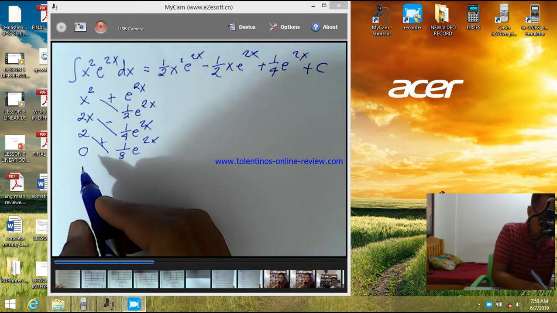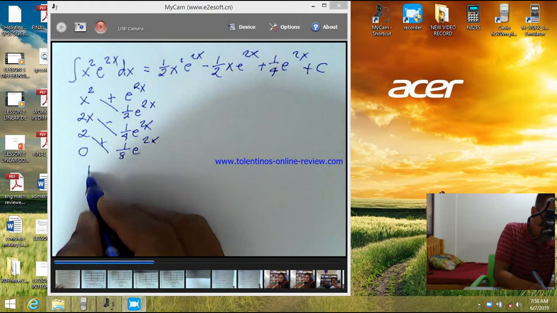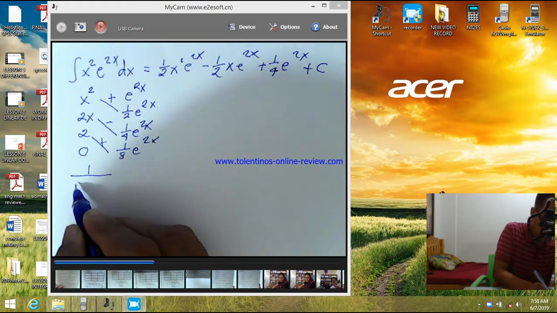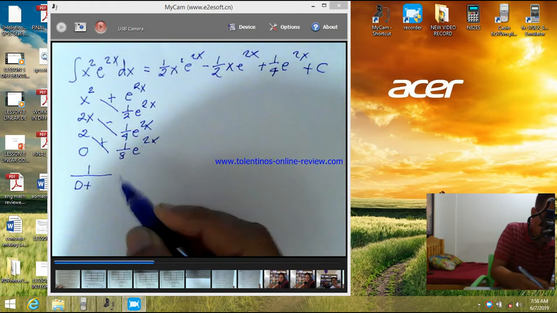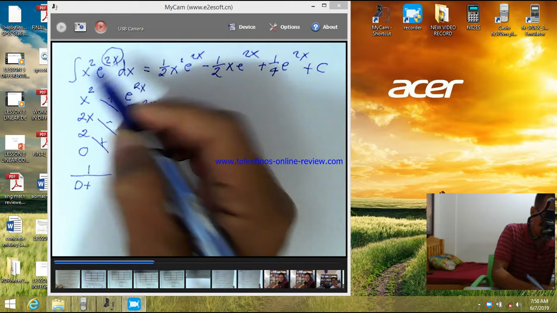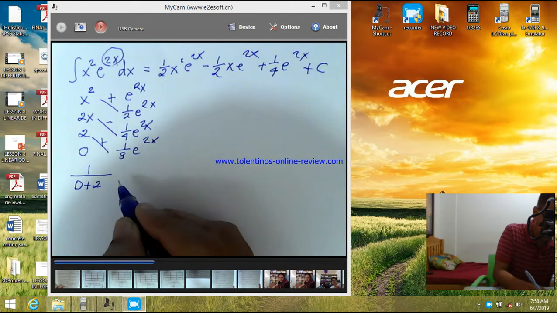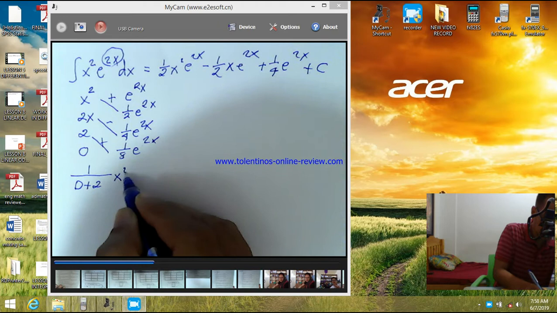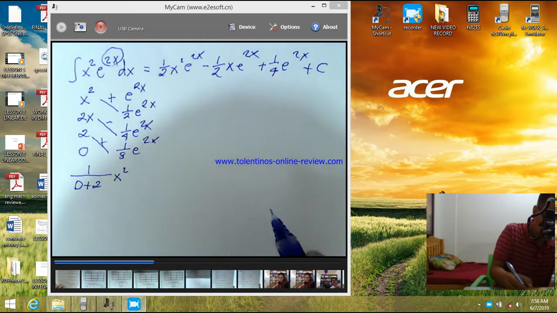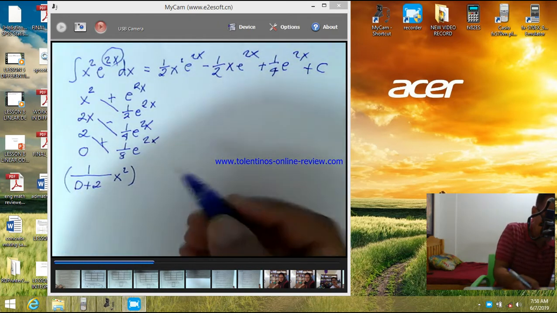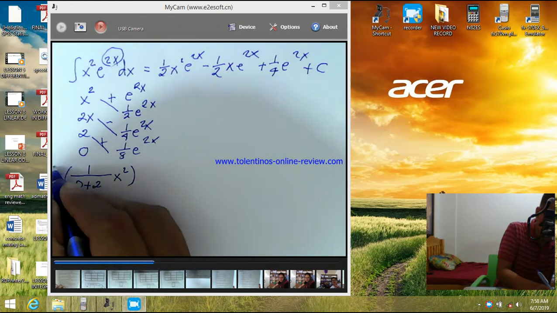Another way to do it is to set the inverse operator of 1 over D plus whatever is the exponent there. Put it there, D plus 2 of x squared, and then just multiply this by e to the 2x.